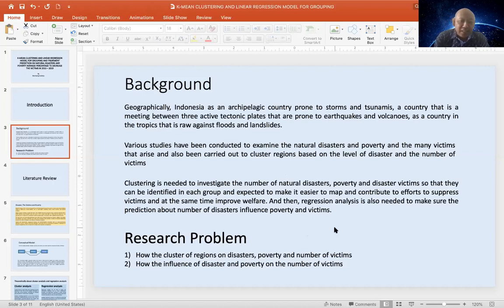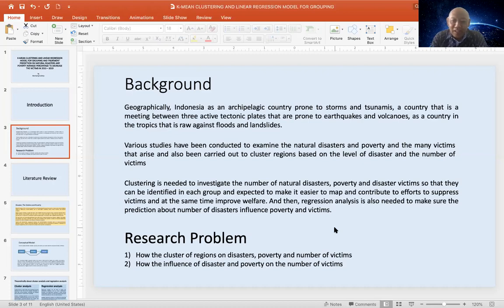Clustering is needed to investigate the number of natural disasters, poverty, and disaster victims so that they can be identified in each group, and is expected to make it easier to map and contribute to efforts to suppress victims and at the same time improve welfare.